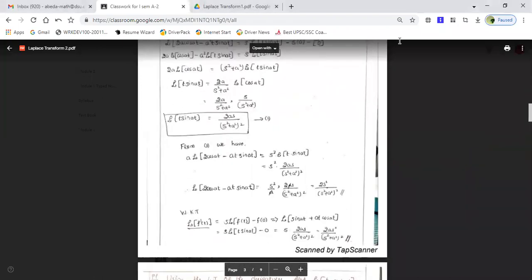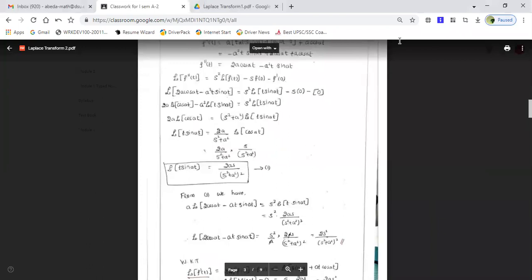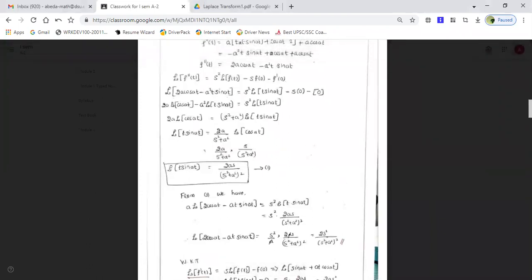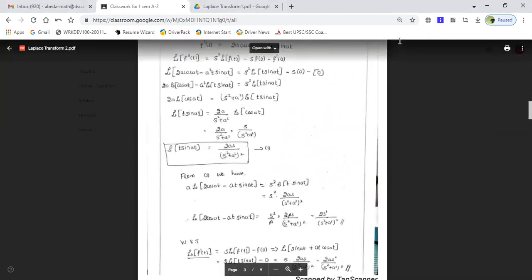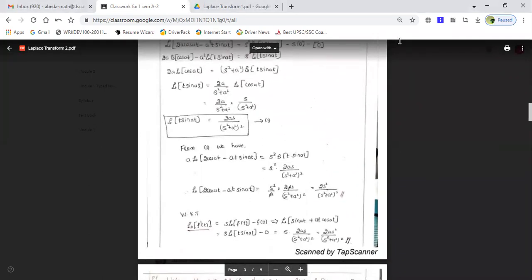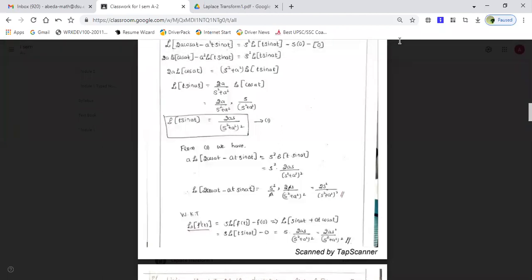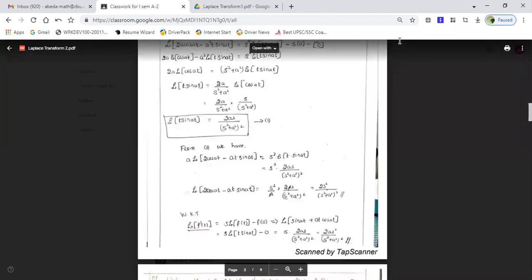So if I take a out, it is Laplace transform of 2 cos at minus at into sin at. That is equal to, you can see, s square into L of t into sin at. But I already found out Laplace transform of t into sin at by using equation number 1. I write the answer for it.